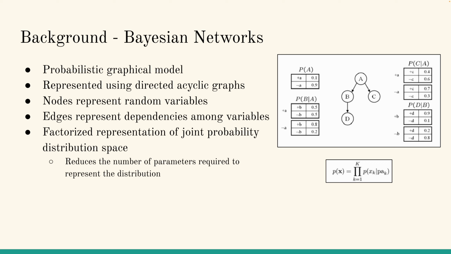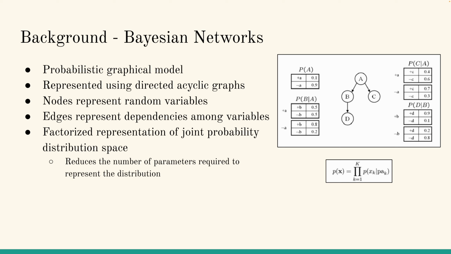Next, I'd like to give a brief background on Bayesian networks. Bayesian networks are a type of probabilistic graphical model, and the dependencies are represented using a directed acyclic graph. The nodes represent random variables, and edges represent the dependencies among the variables.